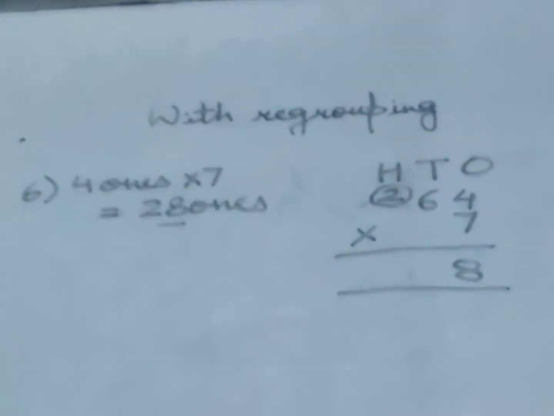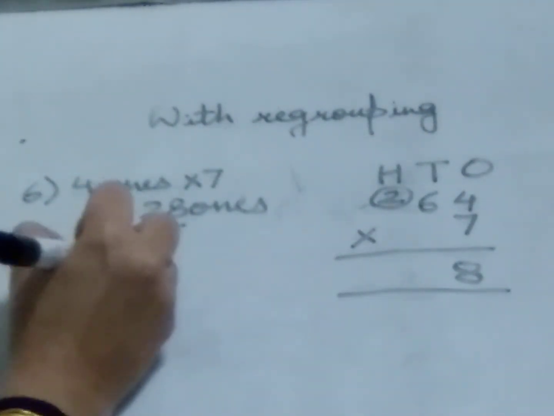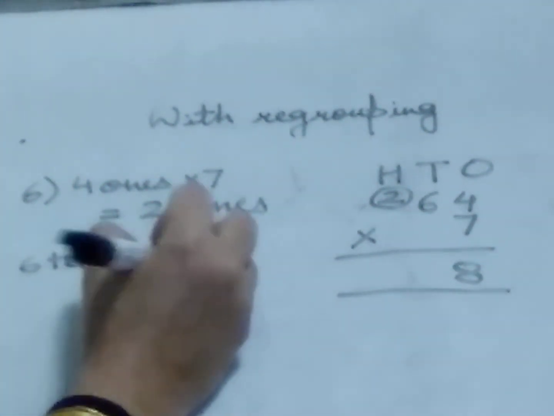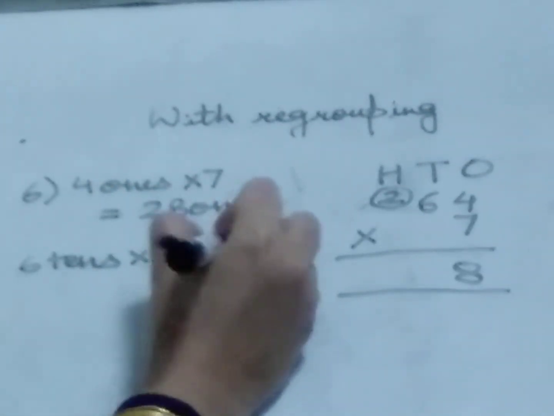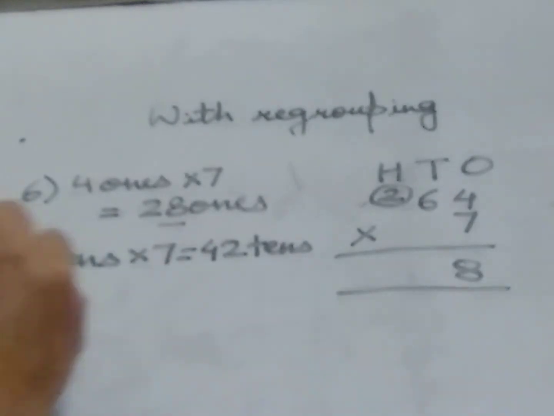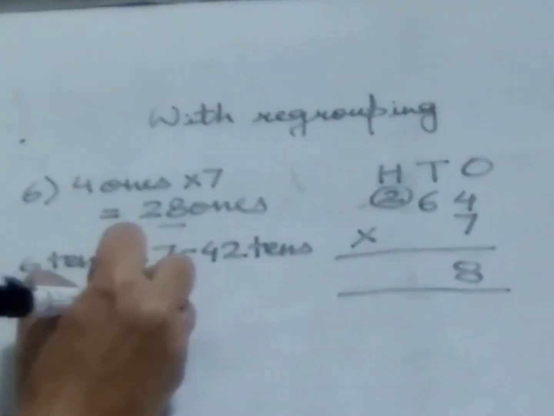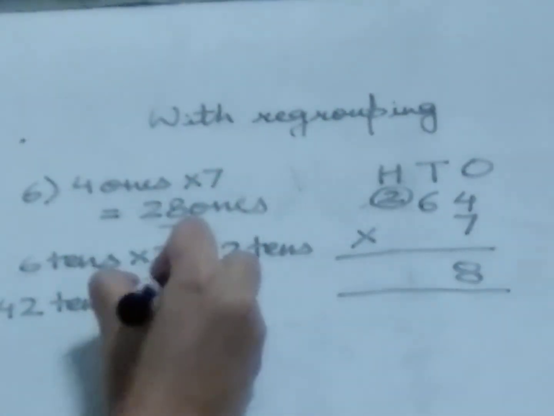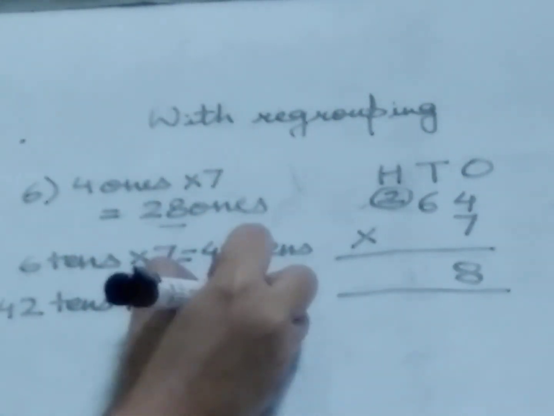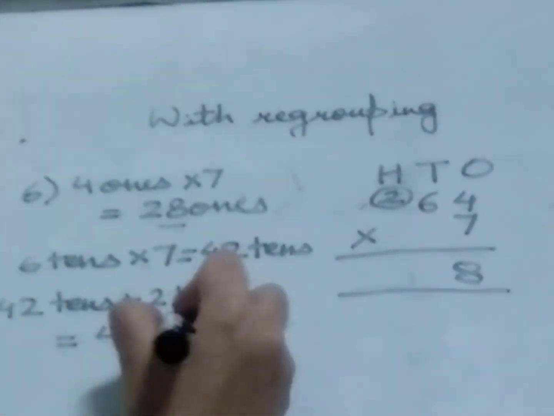Now multiply the tens next, which is 6 tens multiplied by 7 is equal to 6 sevens are 42, 42 tens. Now 42 tens plus 2 tens, which is carried over, is equal to 42 plus 2, 44 tens.